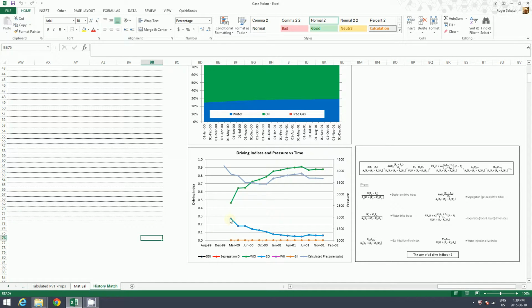And the remainder is made up of the expansion drive index. The expansion drive index is due to the rock and liquid expansion within the reservoir.